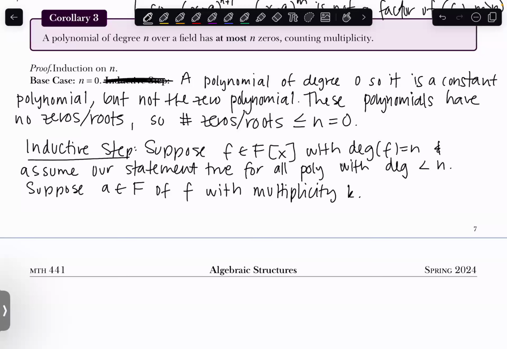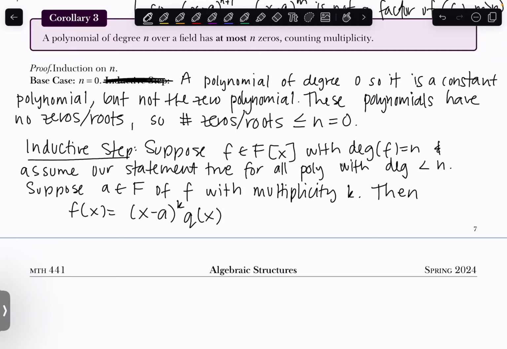So what this is telling me is that I can write f of x as x minus a to the k power times some other polynomial. To have multiplicity k means that x minus a to the k is a factor of f, and k is the biggest number that will do this.